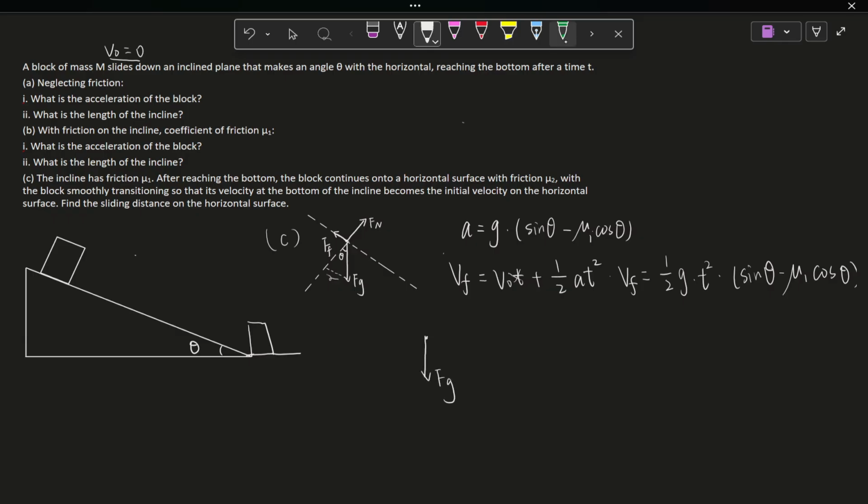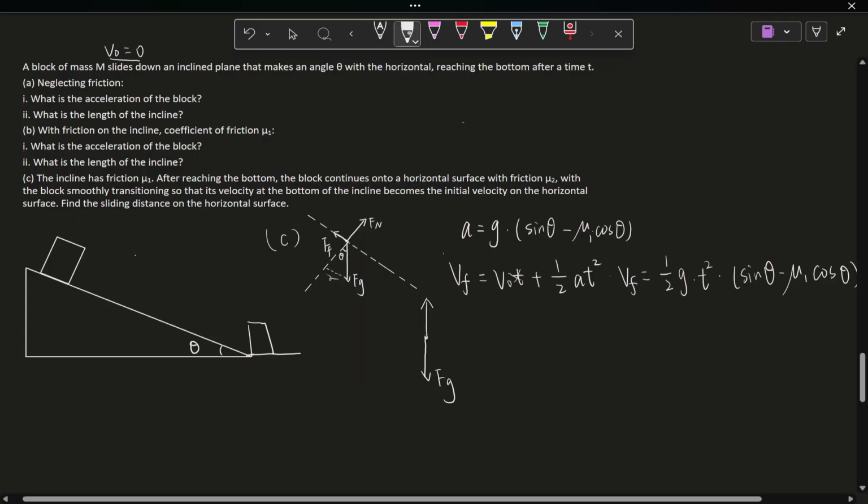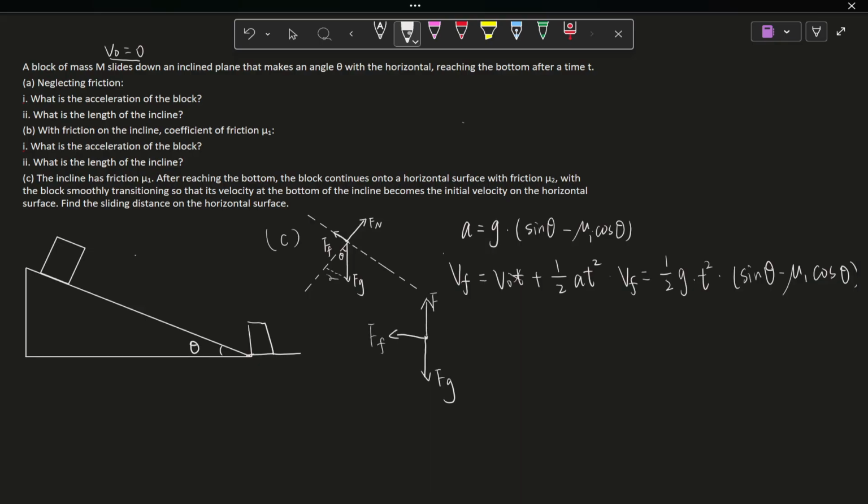Now it is on the surface, so its normal force is perpendicular to the surface, which is straight up. Since the block is moving that way after it slides down the slope, its friction force will always oppose the direction it is moving. This is the friction force, and this is the normal force.